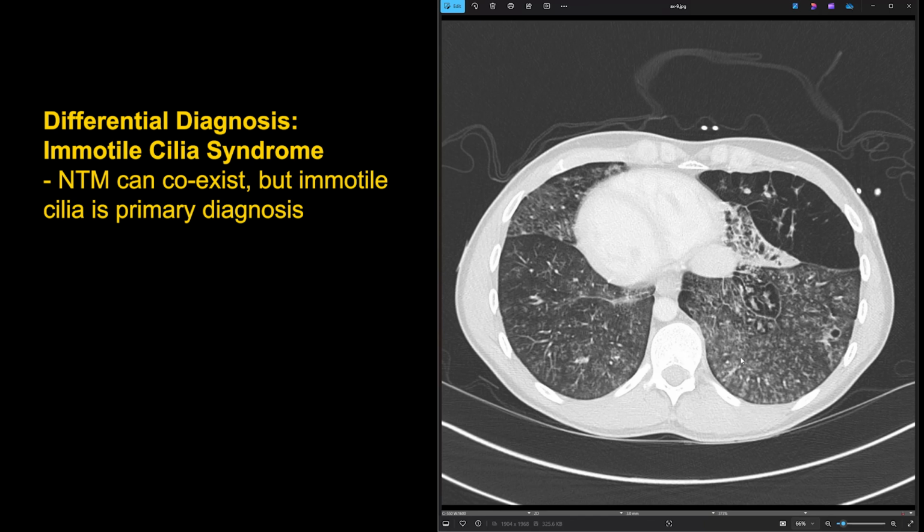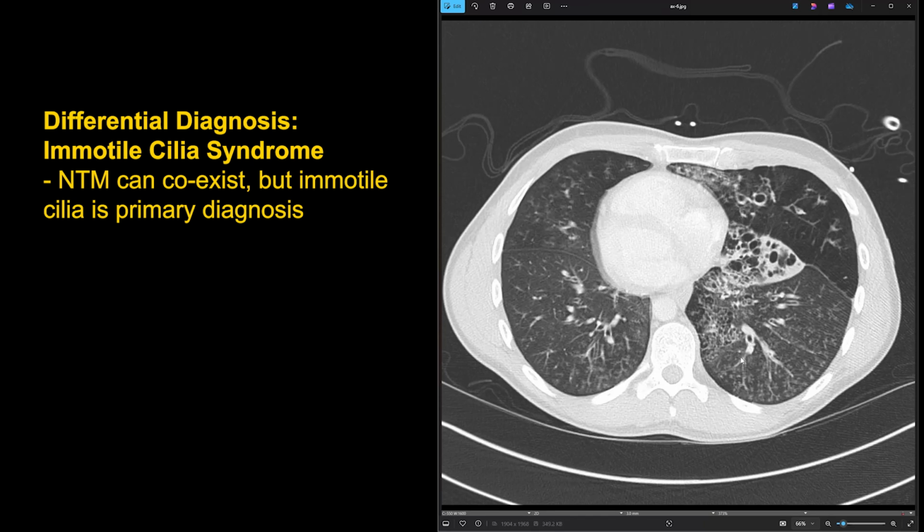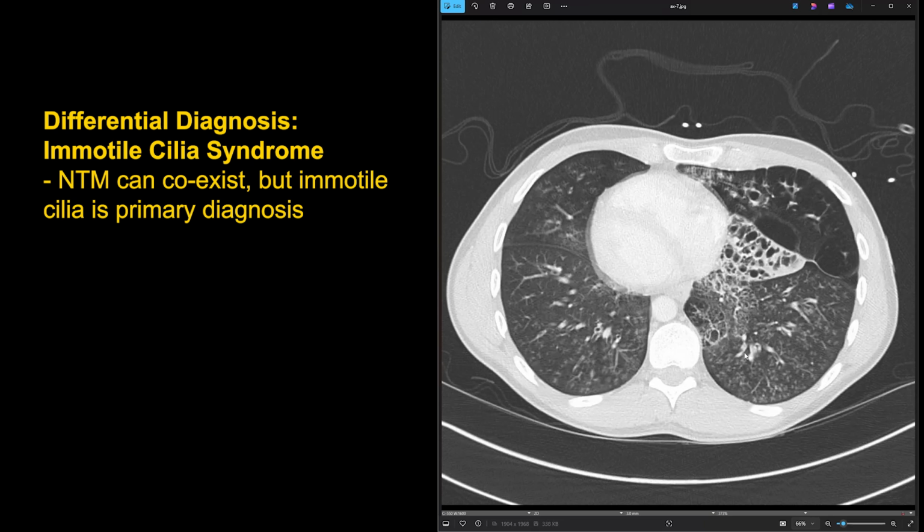But NTM can also occur in patients with other bronchiectasis syndromes like immotile cilia or cystic fibrosis, for example. The question is, what is causing the bronchiectasis? In this case, the bronchiectasis is not because of NTM. The bronchiectasis is being driven by the immotile cilia.